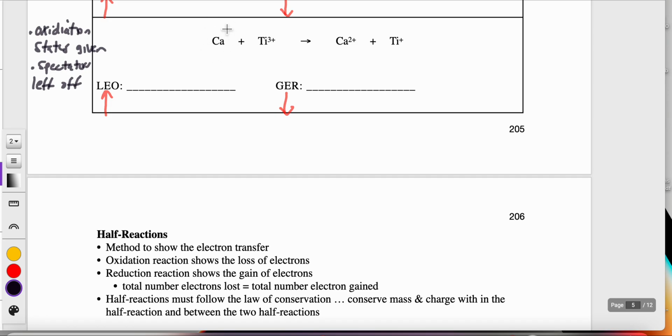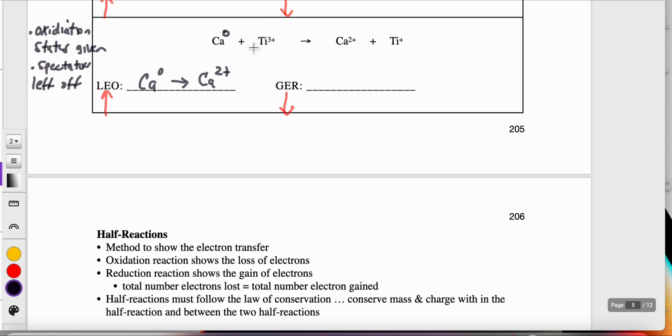When that happens, and all the others are given, we understand it's starting off with an oxidation state of 0. So calcium starts with a 0 and ends at +2. So calcium's oxidation state shows it climbing up the ladder. So the calcium must be losing electrons, and when it loses the electrons, it becomes calcium +2.